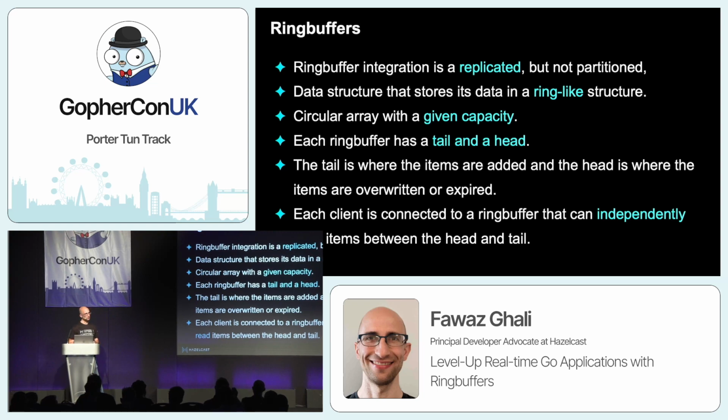Now, ring buffers in general are good for microservices. The simple reason for this is that microservices are good for distributed architecture. So who uses microservices in their Go applications here? Good.